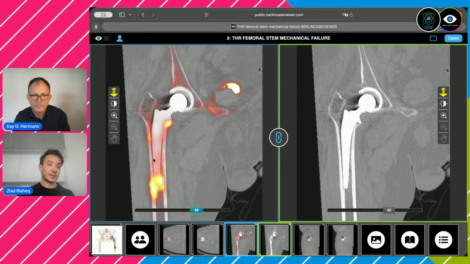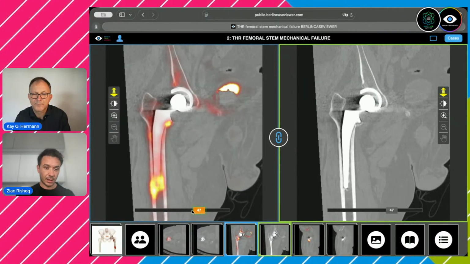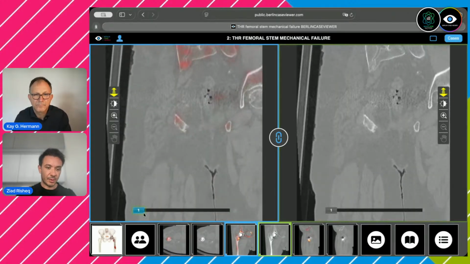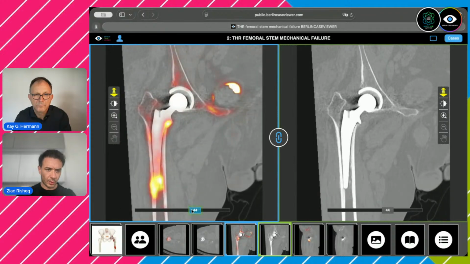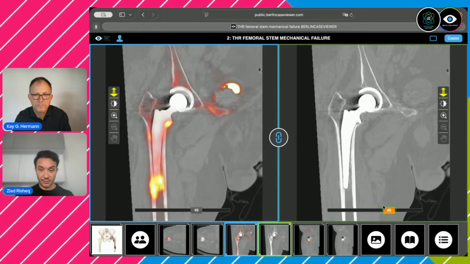You have to divide the zones in an equal pattern. So here we have zone 1, zone 2, and zone 3. This is zone 4, and this is zone 5. So you can say we have intense uptake around the femoral stem or the femoral tip, or around zones 3, 4, and 5.